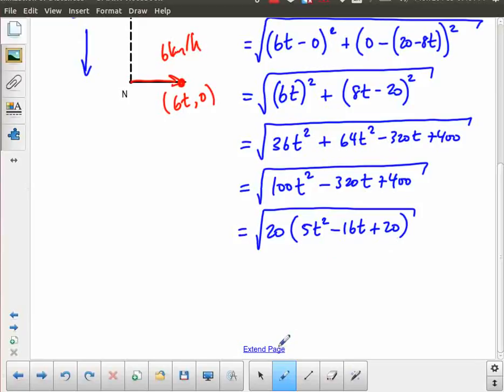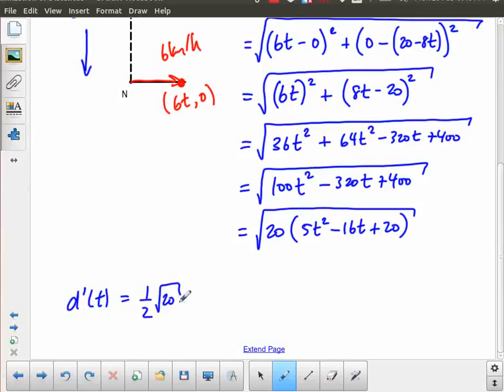And now we are actually ready to take d prime of t. No, that's not what I wanted. I wanted an eraser. D prime of t is equal to, so I didn't change this to exponent notation, but hopefully we're familiar enough with that it's to the exponent 1/2. So it becomes 1/2 square root of 20.